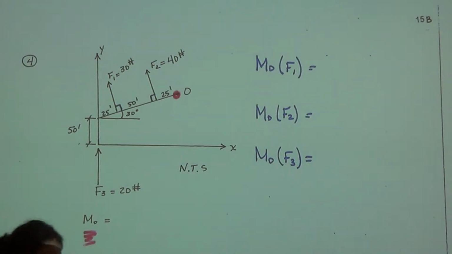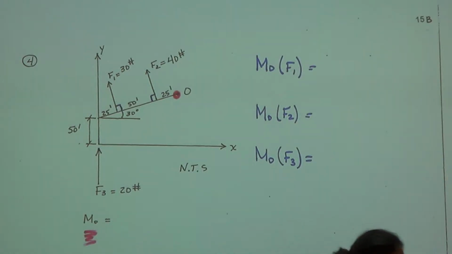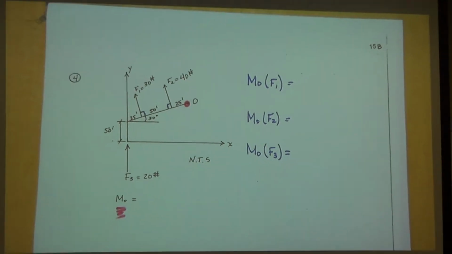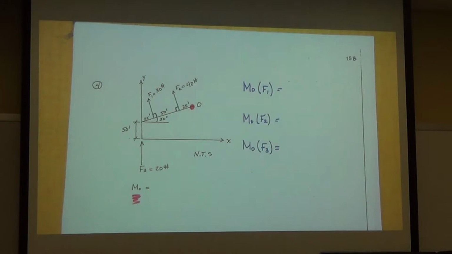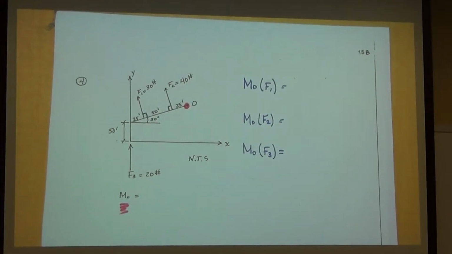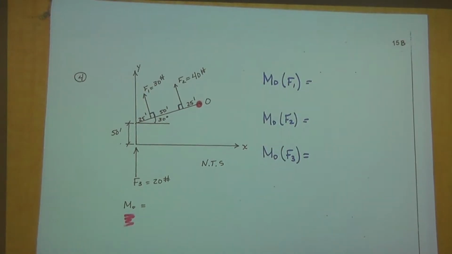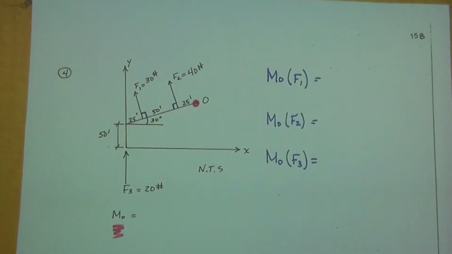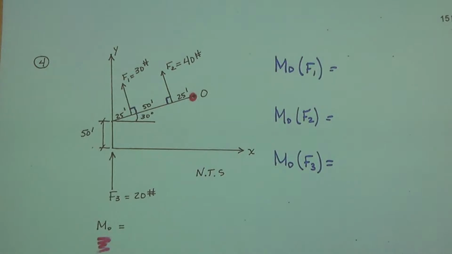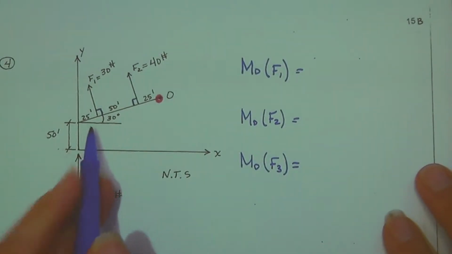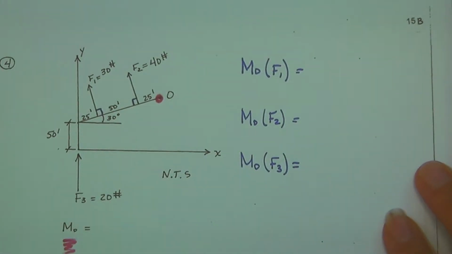Okay, so, Lonnie, let's do the first one. We're trying to find the moment about point O, which is the dot in red, due to F1. So it's the absolute value of the force times the perpendicular distance. Did you break it into components or no?